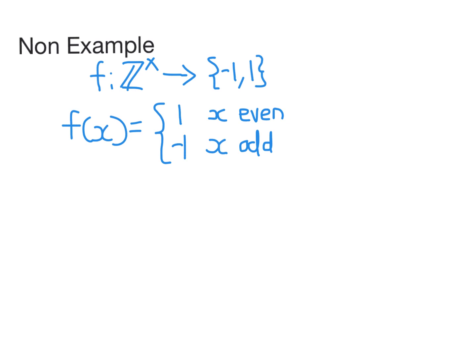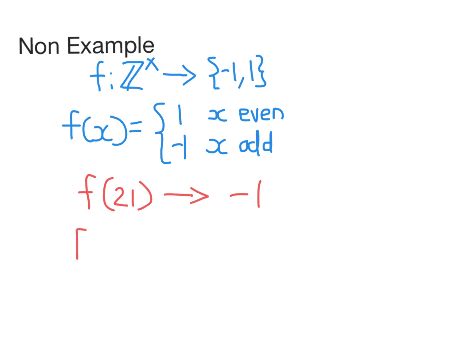It maps all even integers to this element and all odd integers to that element. So it's definitely a map between groups, but it's not a homomorphism. So to see this, we can easily find a counterexample. So what would happen under this map to say an integer like 21? Well, 21 is clearly odd, so it will be mapped to -1.